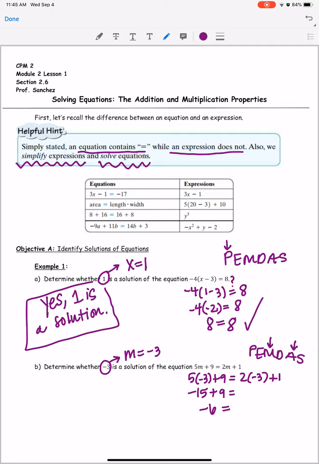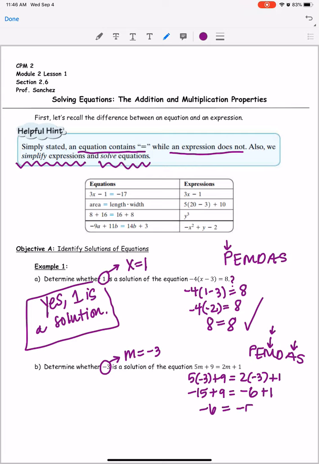So now I just have to figure out, does this side here also equal -6? So actually, same order of operations. We're going to multiply. So 2 times -3 is -6. So bring down your plus 1. -6 plus 1, different signs, so subtract and keep the sign.